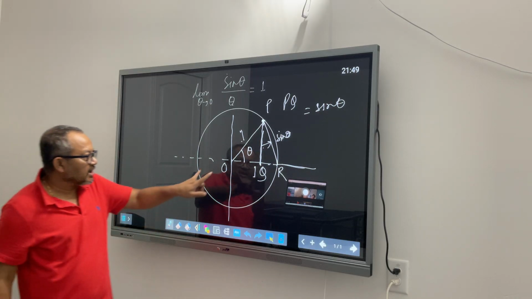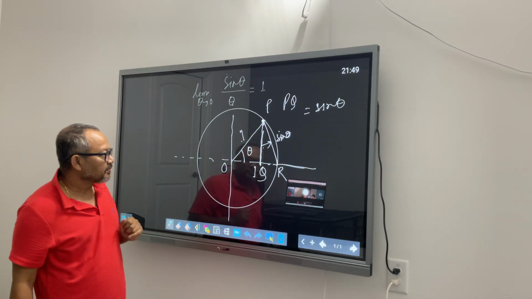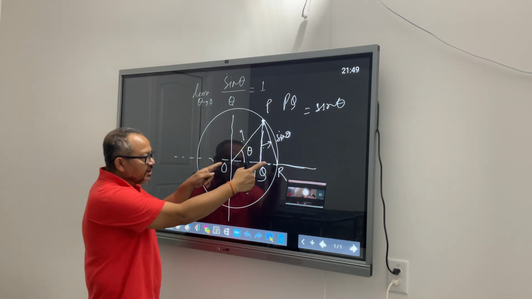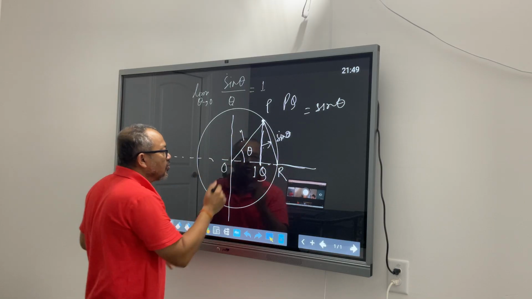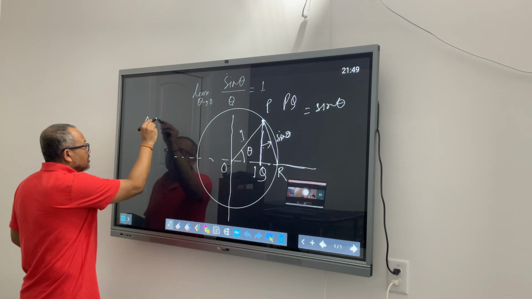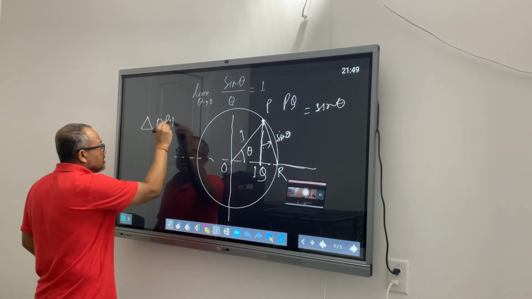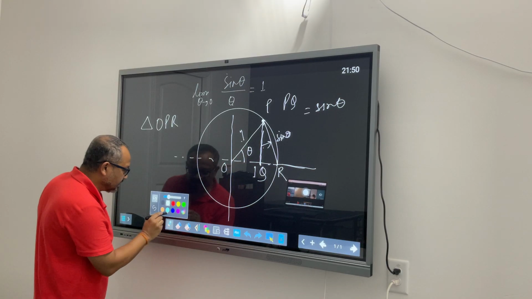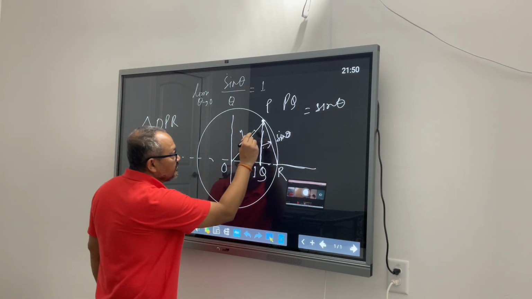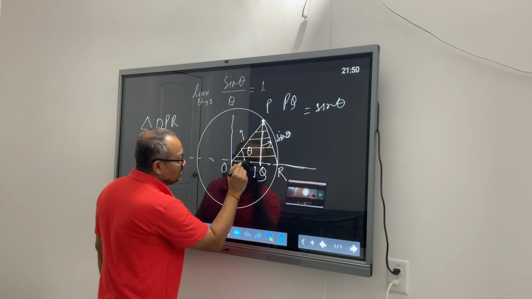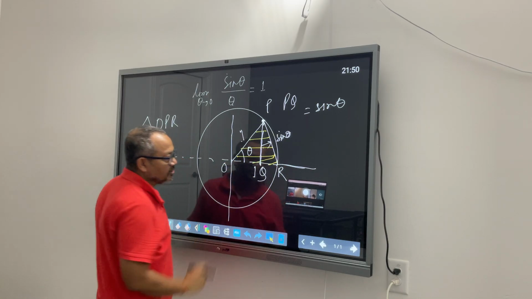So if I have to find out the area of this triangle, triangle OPR, how much would that be? Half into base into height. Let me shade that in a color so that you guys can visibly see it. I'm looking at this yellow triangle, okay?